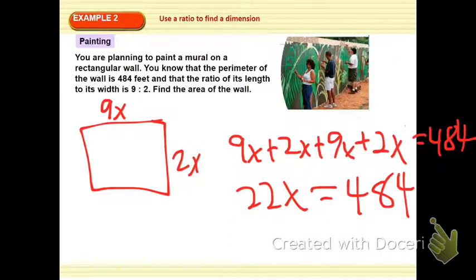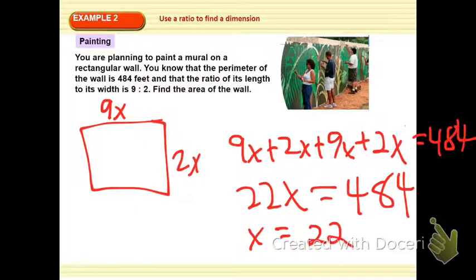All right, so 22 goes into 484 22 times. So x is 22. All right, so then to find the area of the wall, we would plug in x.